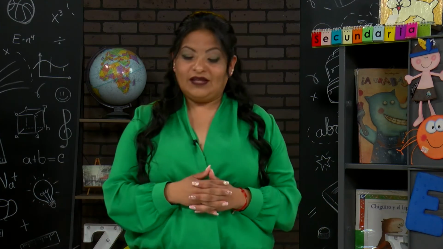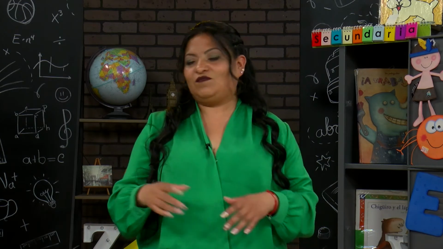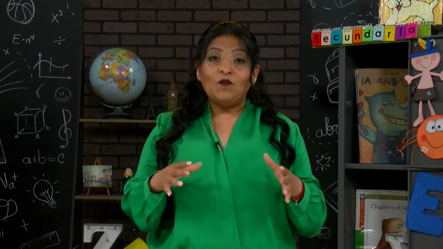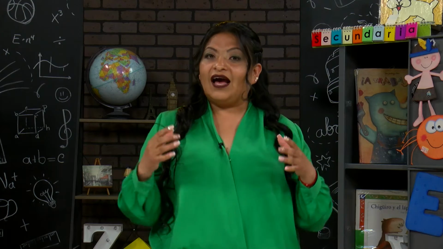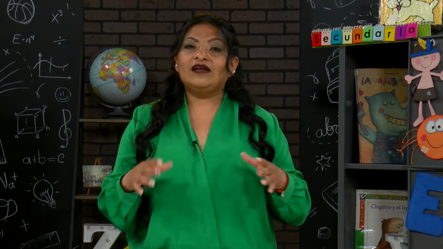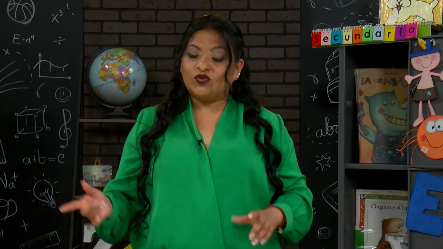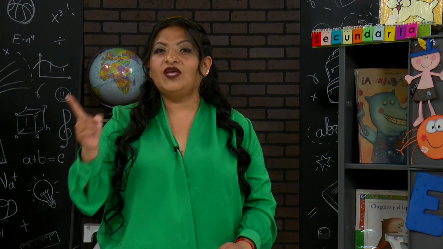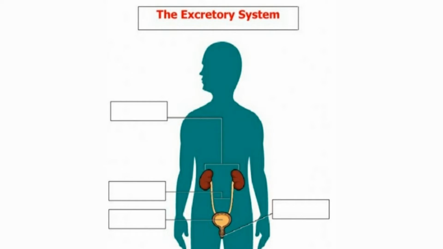So we're going to read about the excretory system in the same way. We are learning vocabulary about the parts of the human body systems, and also learning about their functions. So we're going to learn about the excretory system. Watch the video and repeat the words. The excretory system. Repeat it.